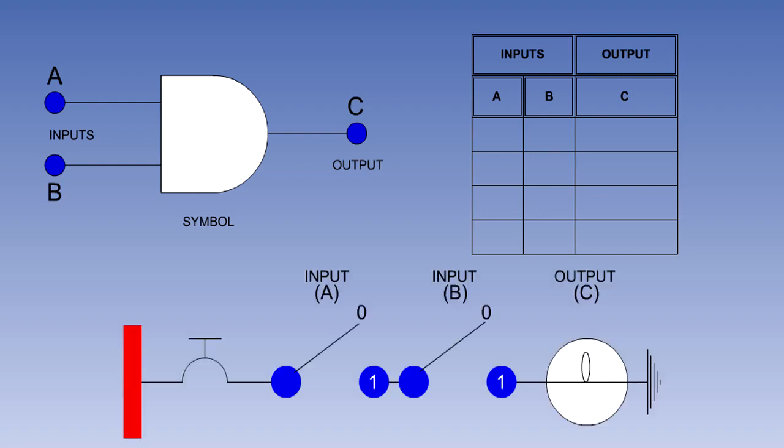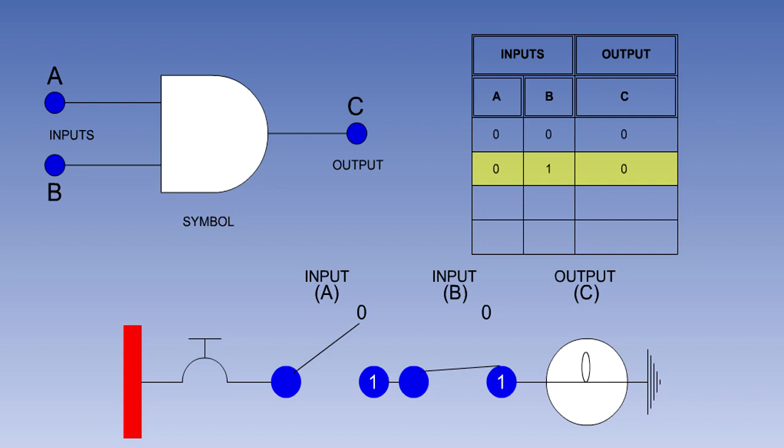To help us with this, we can represent the AND gate by the electrical circuit shown here. The 2 switches in series represent the inputs, and the light bulb the output. With the switch open, it represents binary 0, and when it is closed, binary 1. If both switches are open, the light will be out, indicating an output of 0.